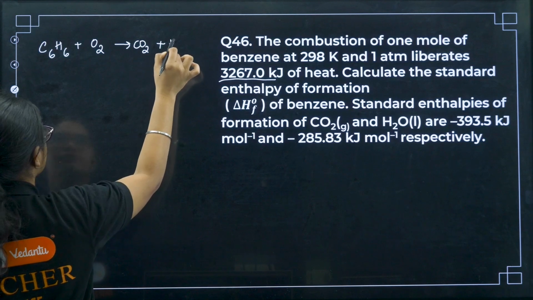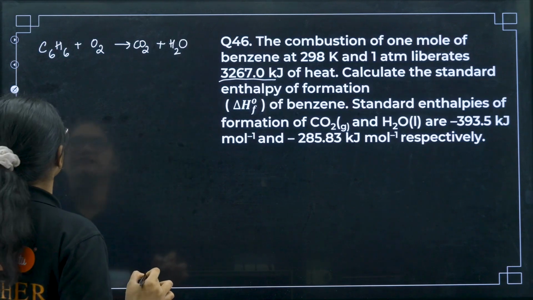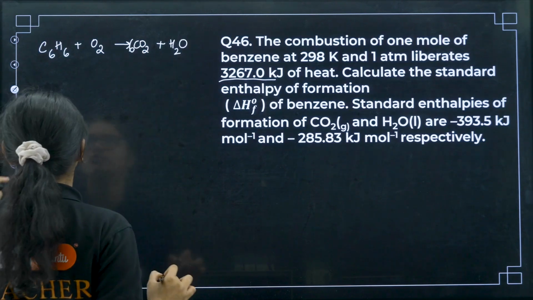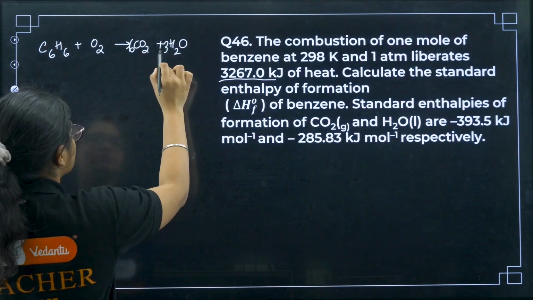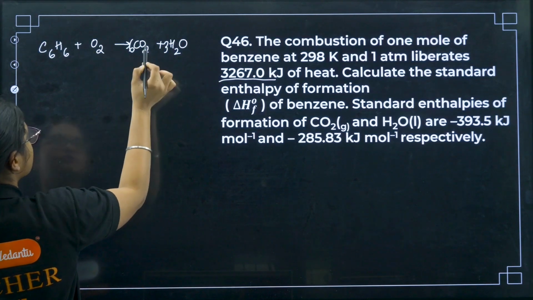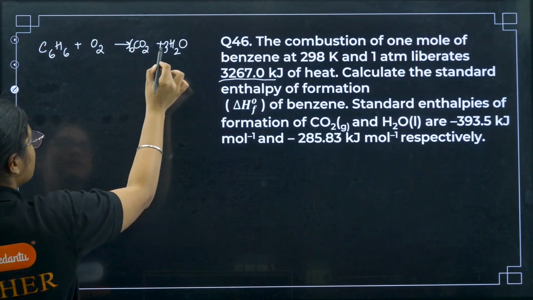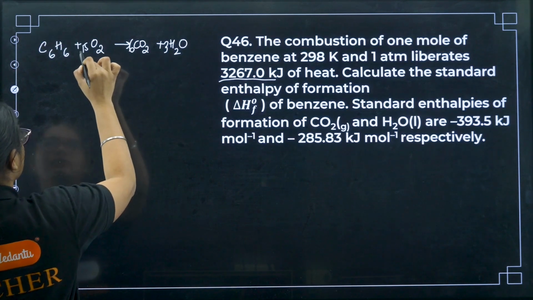CO2 plus H2O. Now if I balance this reaction, I will have 6 CO2 and 3 H2O. So how many oxygen? 6 2s are 12, 13, 14, 15, so 15 by 2 oxygen.